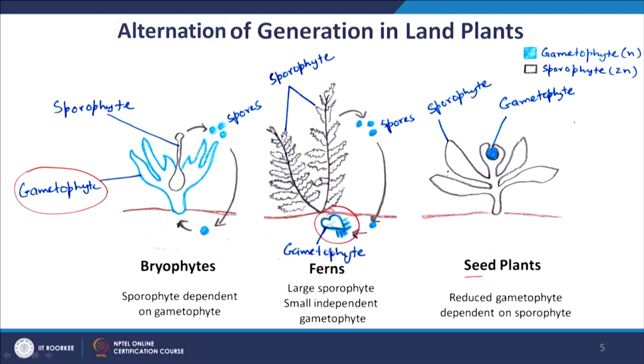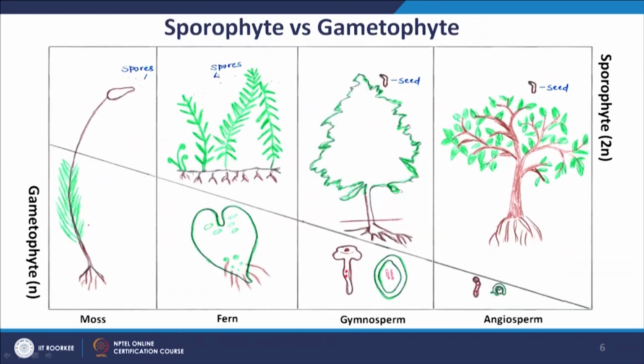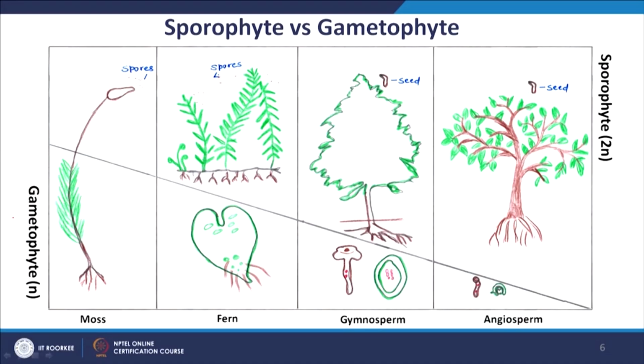In seed plants, which include gymnosperms and angiosperms, there is a reduced gametophyte, which is dependent on the large sporophyte. So during this evolution, if you look at the duration of the life cycle between sporophytic and gametophytic stages, mosses have a longer gametophytic and shorter sporophytic duration, whereas across ferns, gymnosperms and angiosperms, the gametophytic stages are getting restricted and the sporophytic stages are getting expanded.